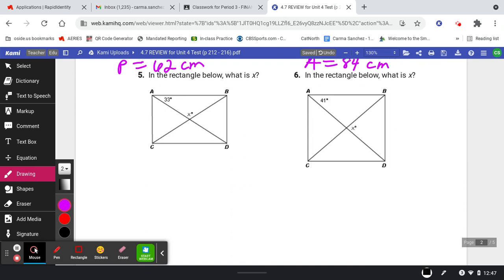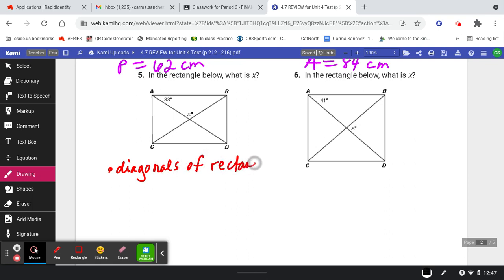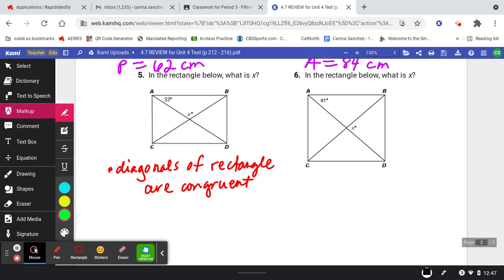Okay, in the rectangle below, what is x? Now, let's think about a couple things we need to remember about a rectangle. The diagonals of a rectangle are congruent. So that means that this is equal to this.